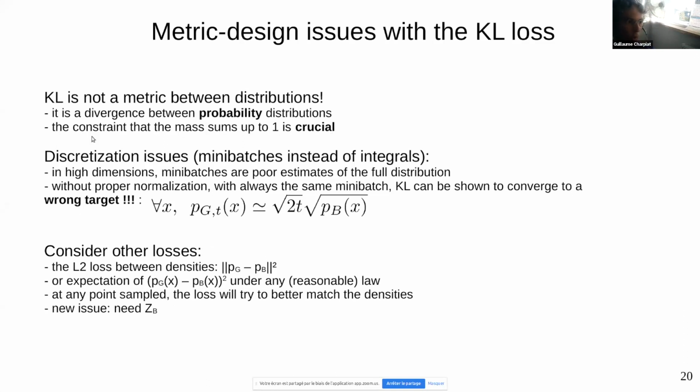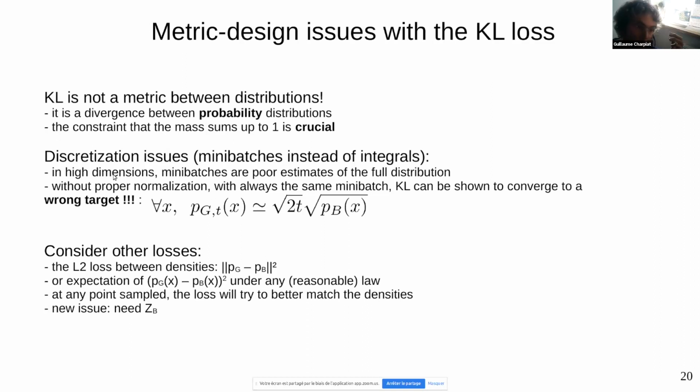And in practice, when you optimize the KL divergence between two distributions, you're not going to have the full distribution and make an integral. You're going to have a discretization over mini batches. And however large these mini batches can be, they are going to be very small compared to what you need to really estimate the full distribution. That's the issue with high dimensions.